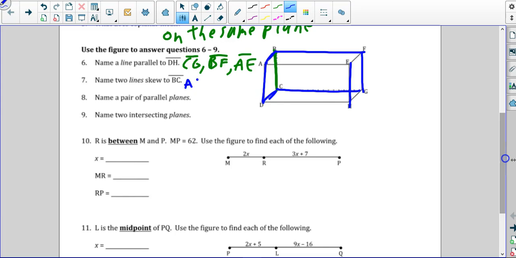AE and DH. And, I almost forgot, it also leaves me HG and EF.